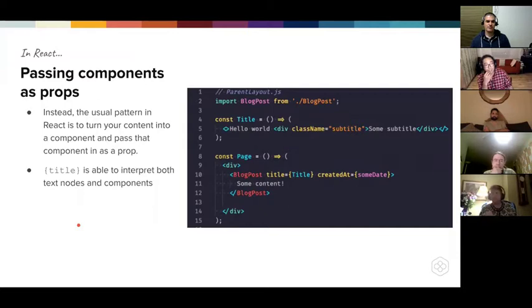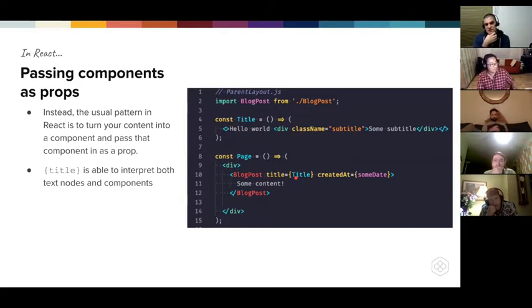Something that's a little bit better in React: the usual pattern is to pass a component as a prop down. So if this is React code here, rather than pass an HTML string, you'd actually make a mini component right here. This is a React fragment, hello world, with a little subtitle, and we pass that new component I just created as a prop for title.